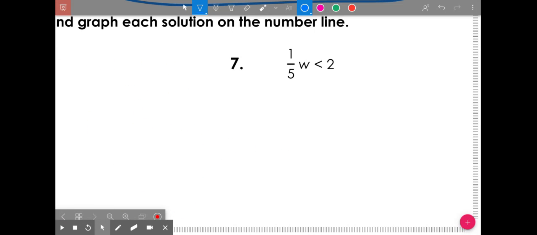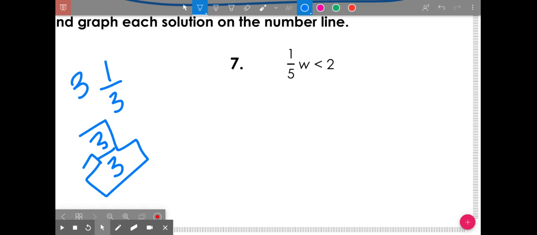All right, for number 7, I want you to look back at number 4 that had the 3 on the bottom. When we had that 1/3, we needed to multiply by a 3 to get a 3/3 to make a 1. Here we don't have a 3 on the bottom, we have a 5. So instead of multiplying by 3, we will multiply by 5.